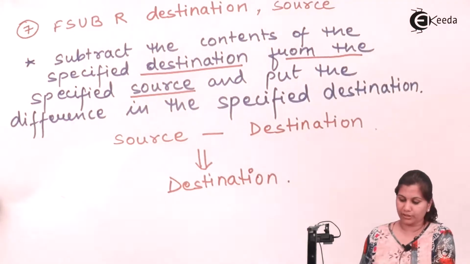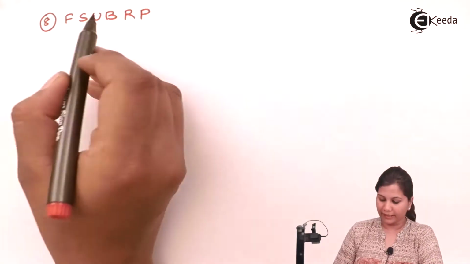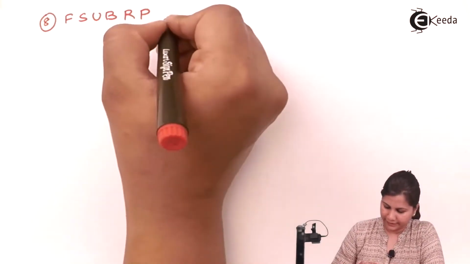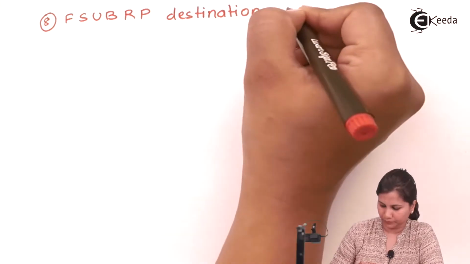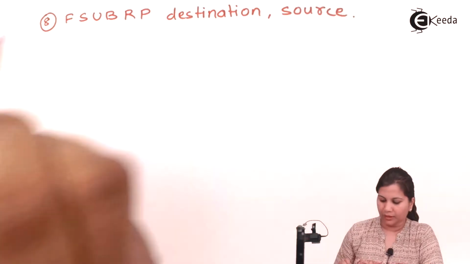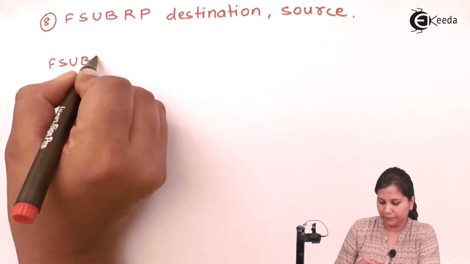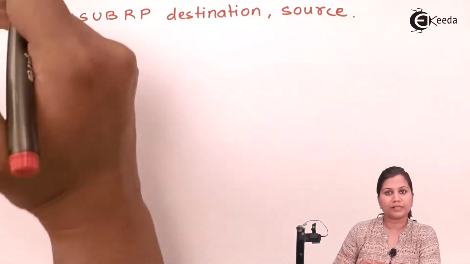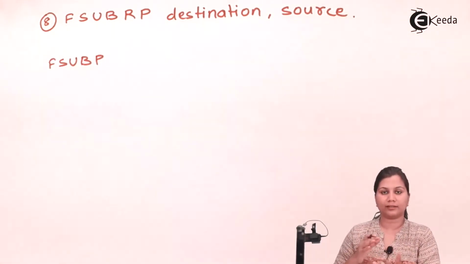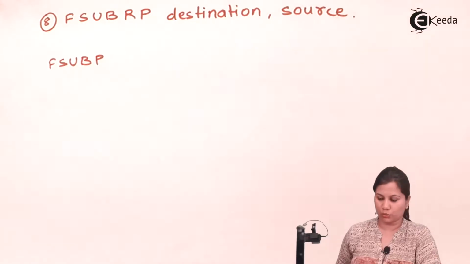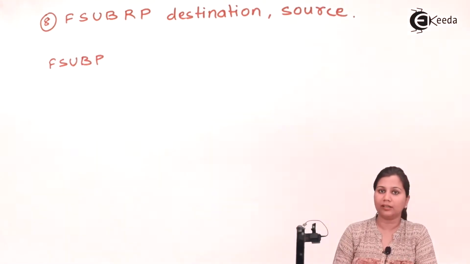Now the next instruction is FSUBRP, then destination and source. This instruction is also similar to the instruction FSUBP. Okay, but the difference between these two instructions is that earlier the destination was subtracted from the source, but now the source is subtracted from the destination and the result is stored in the destination.